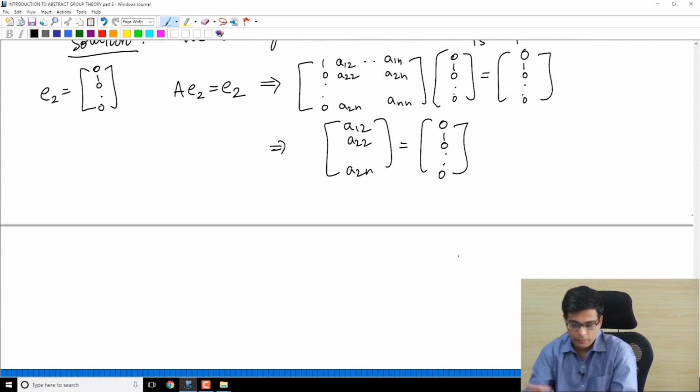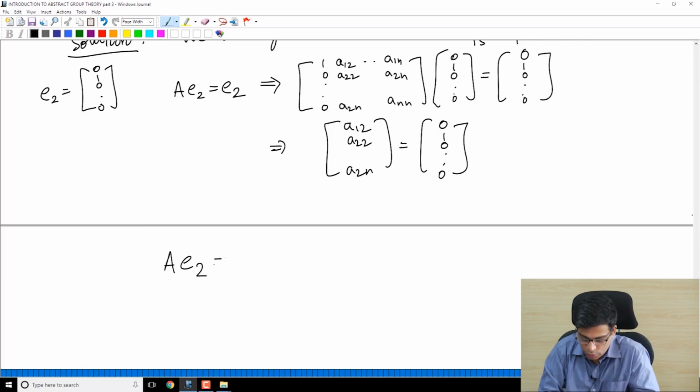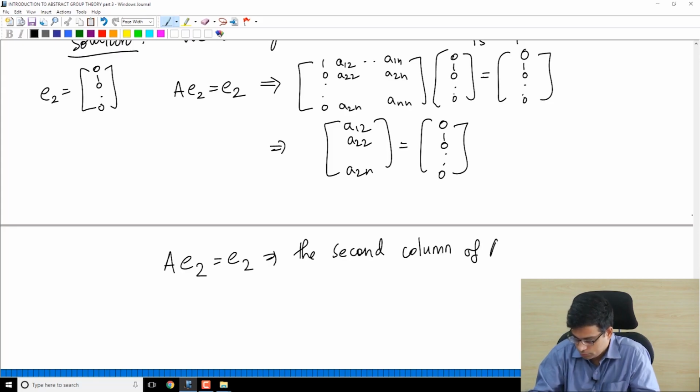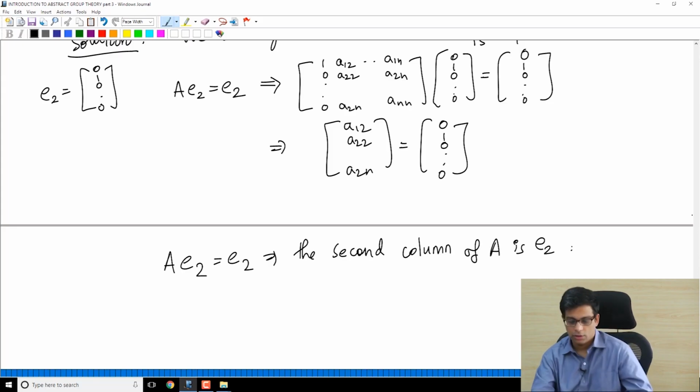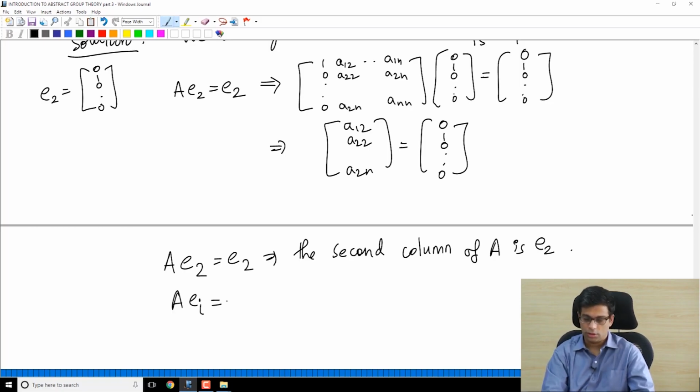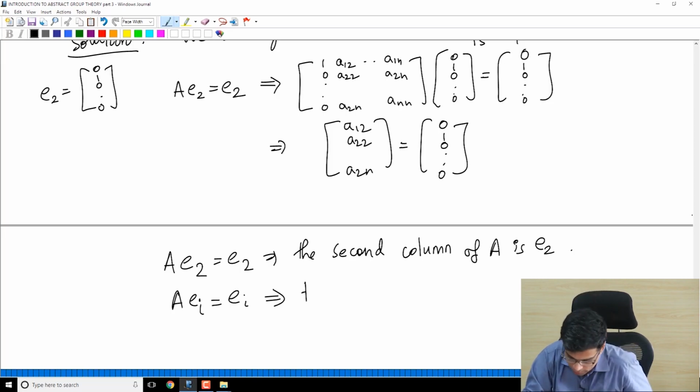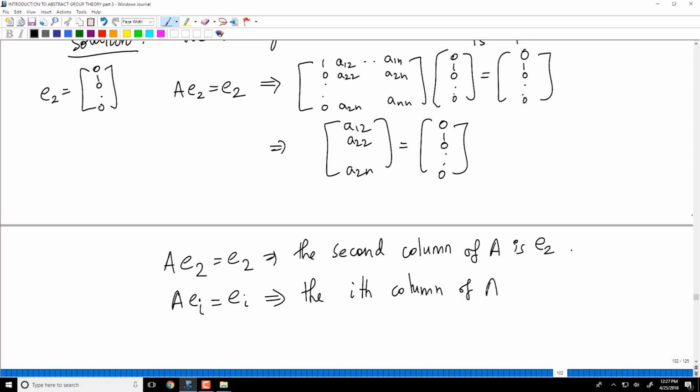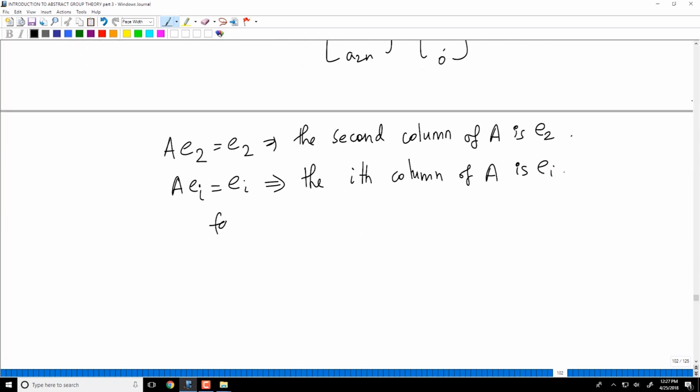That means the second column of A is E2. We already know the first column of A is E1. Now we know AEi is equal to Ei, so the ith column of A is Ei. This is true for all numbers from 1 to n.